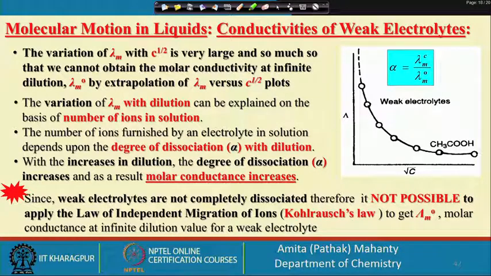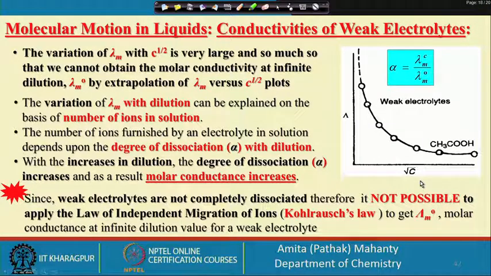But you have to remember that a weak electrolyte is not completely dissociated. So it is not possible for us to apply the law of independent migration of ions, Kohlrausch's law, to find out the lambda naught value of molar conductance at infinite dilution by extrapolation of this plot.